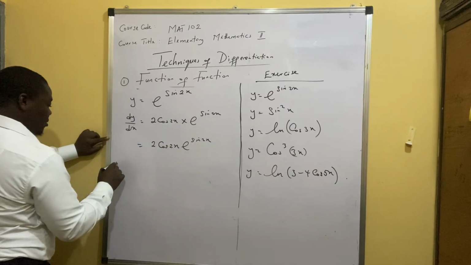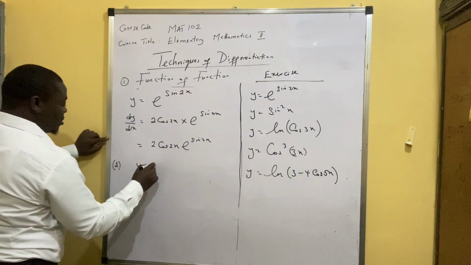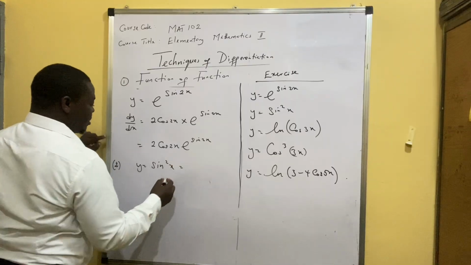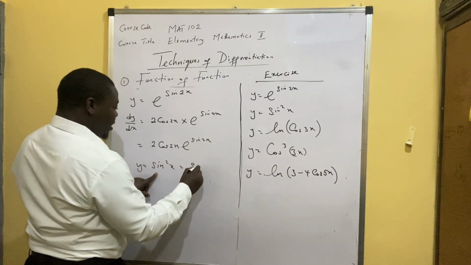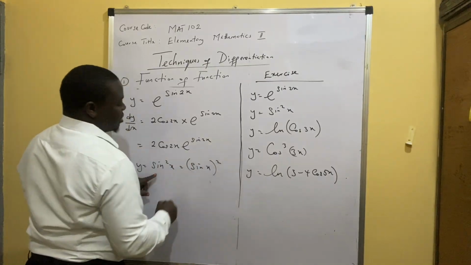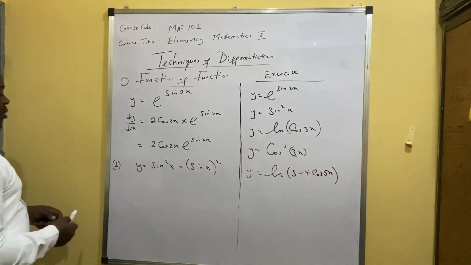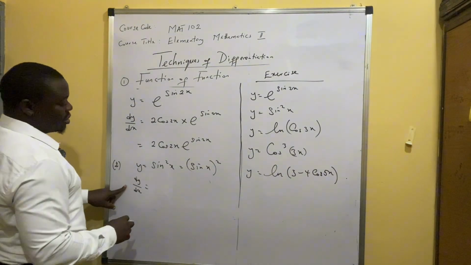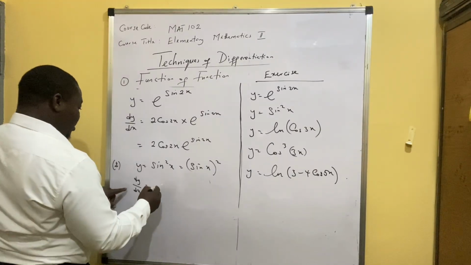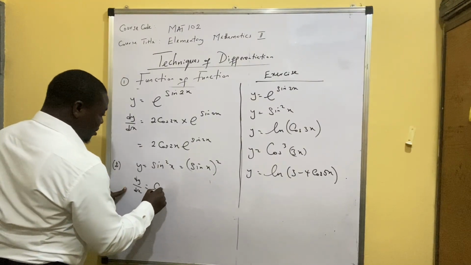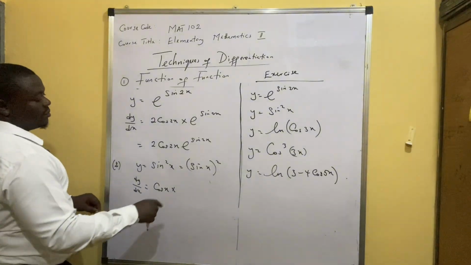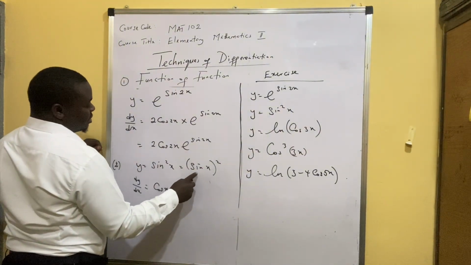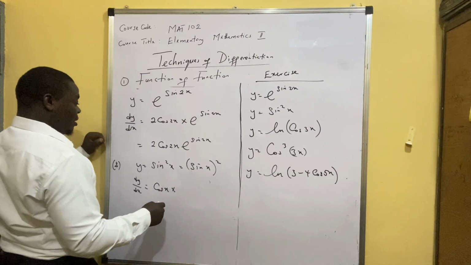Okay, so the second one, we have y equal to sine squared x. So the meaning of this is that y is equal to sine x all squared. Okay, so if we apply the chain rule to this, using the shortcut, differentiate what we have inside, that will give us cos x multiplied by, we now differentiate this, taking sine x as a single value like x.